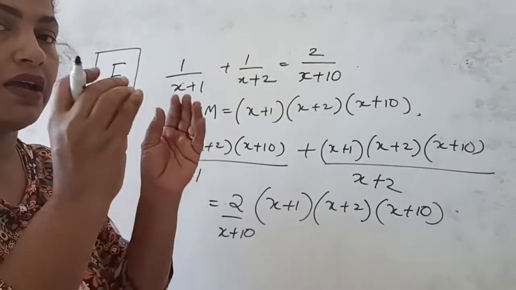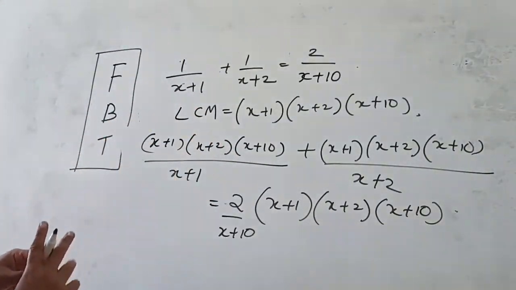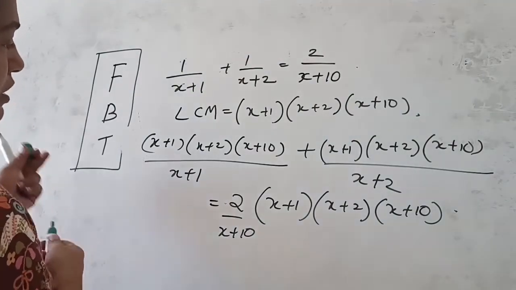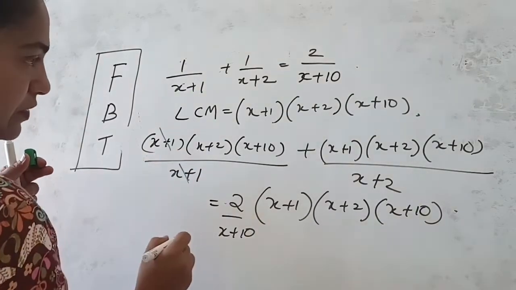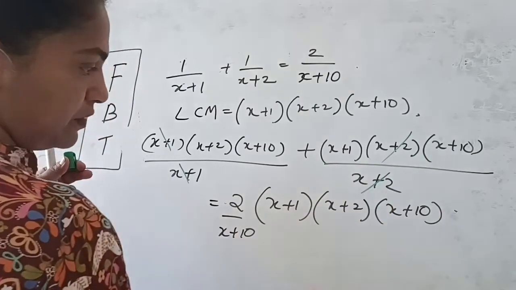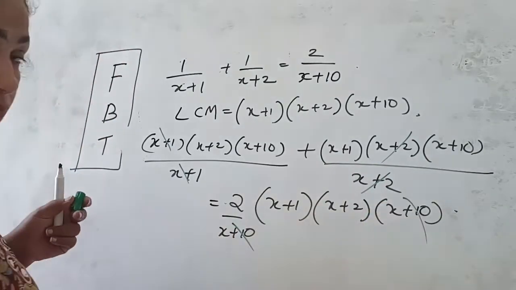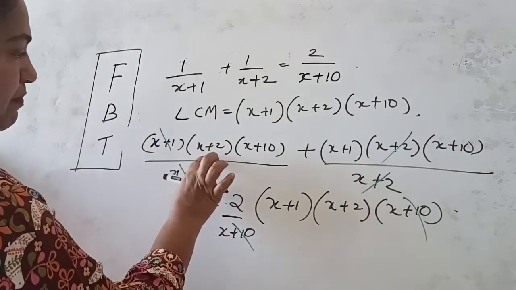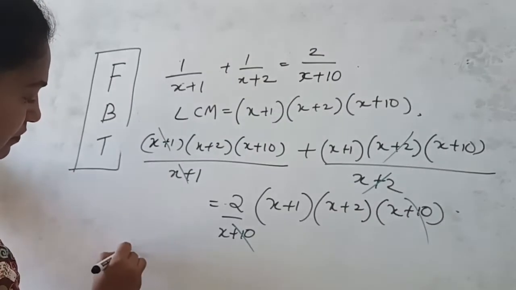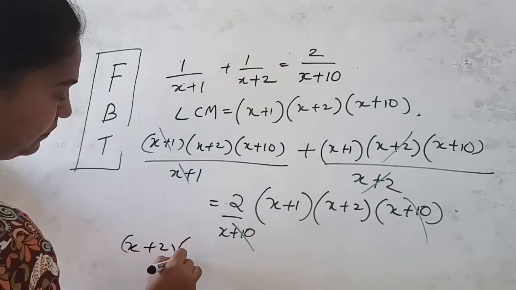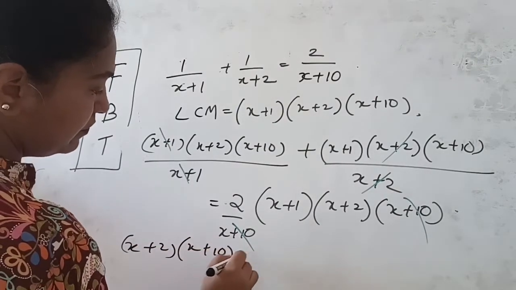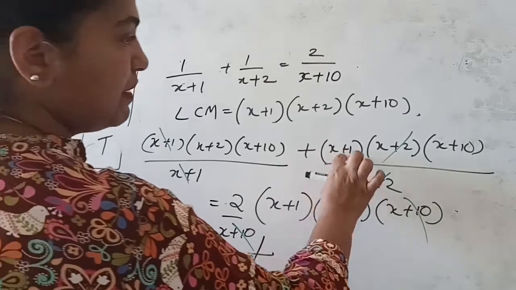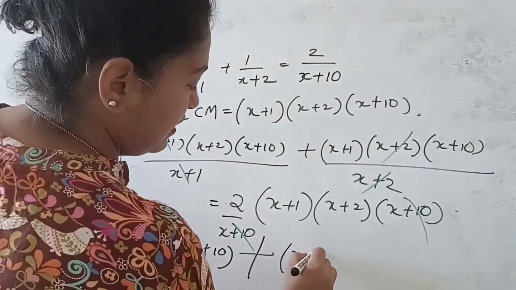What is my next step? I have to open the bracket. Before opening the bracket, let me cancel out the common terms. It's gone. It's gone. Okay. Now, let me open the bracket. X plus 2 into x plus 10 is my first term. Plus x plus 1 into x plus 10 is my second term.